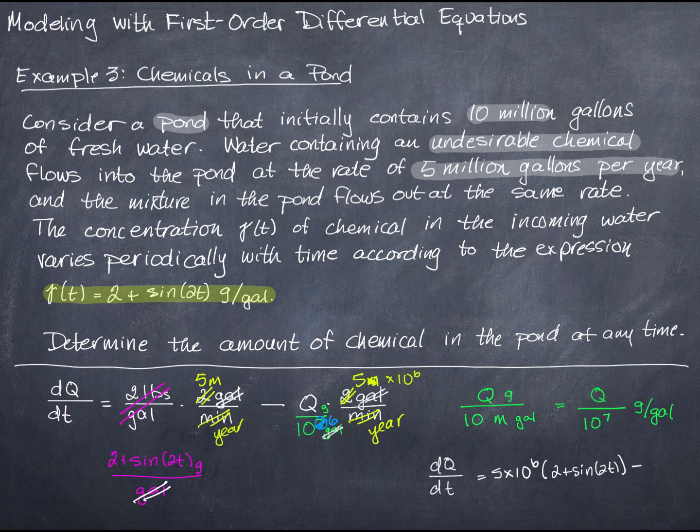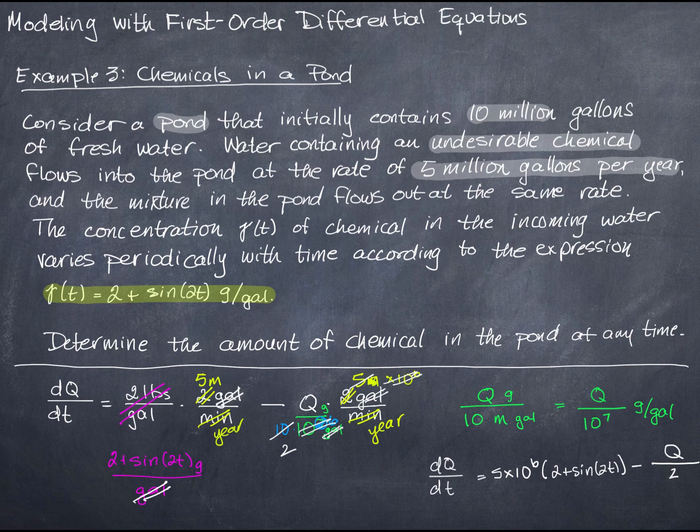So let's write that as 10 times 10 to the 6th. And then I can cancel my 10 to the 6th and 10 to the 6th. But I have 5 over 10, which is 1/2. And all that's left in my numerator, I've reduced this, right? All that's left is Q. So there is my differential equation.